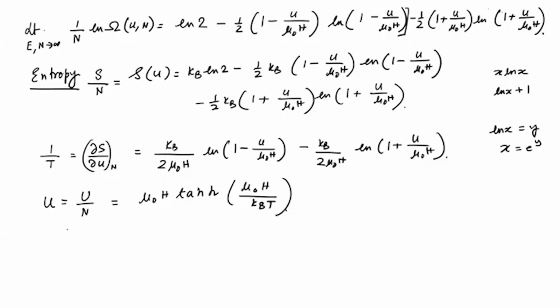One can actually calculate the magnetization of the system by simply using u equal to minus m h for small h, which is fine, and then this gives you m, the magnetic moment, which is equal to mu 0 tan hyperbolic of mu 0 h by kT.